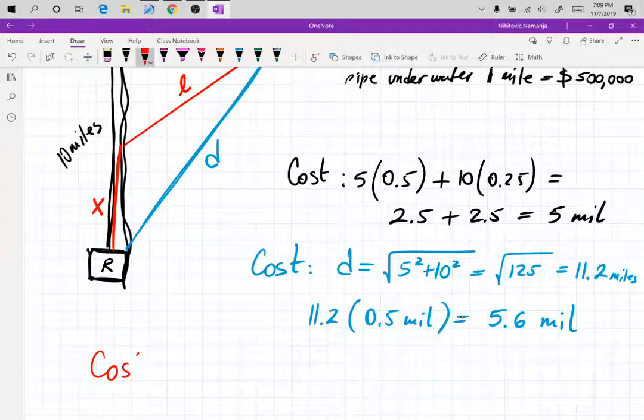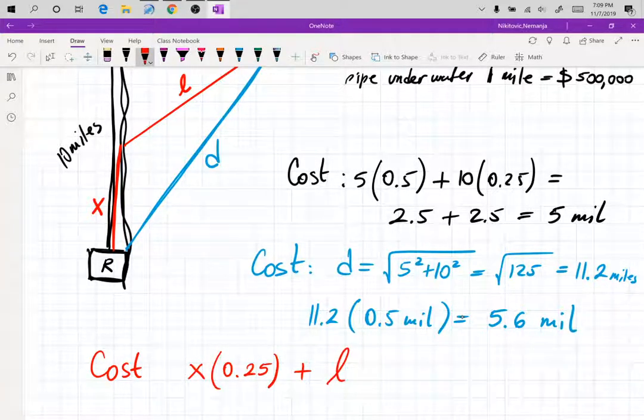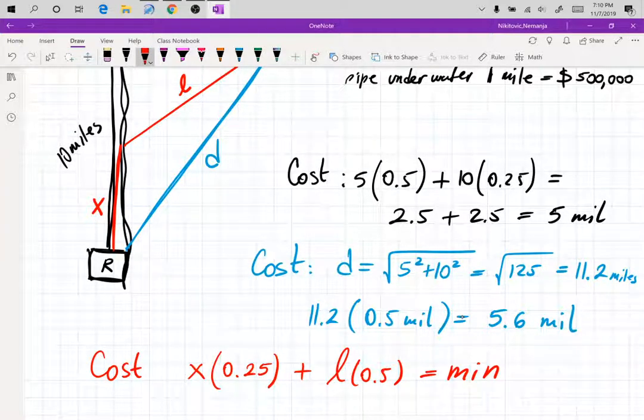So my cost now is going to be x times 0.25 plus L times 0.5 equals the minimum. Hey, we have our objective function already, right? I am multiplying the distance x, which is the distance on the ground, with 250,000, and then I'm adding to that the cost for underwater, which is length, times 500,000, and I want that to be the minimum.